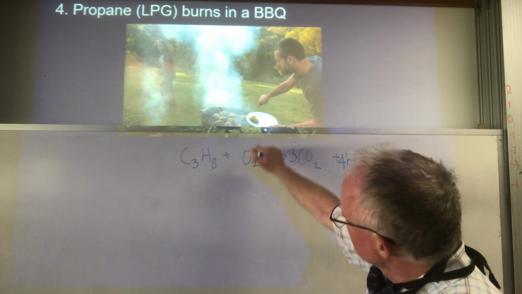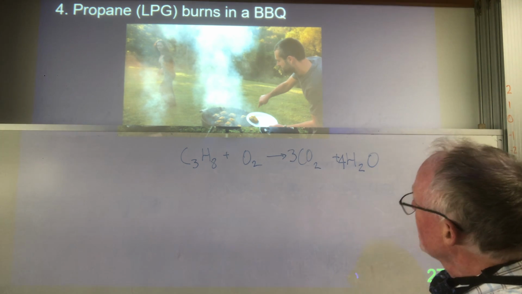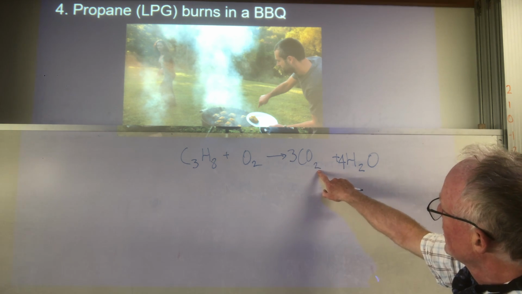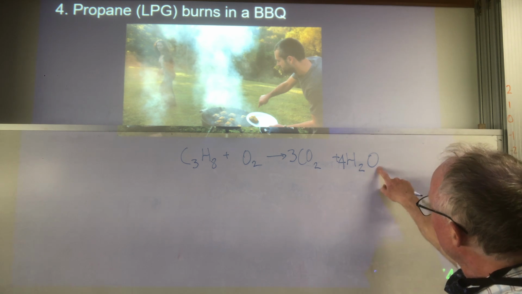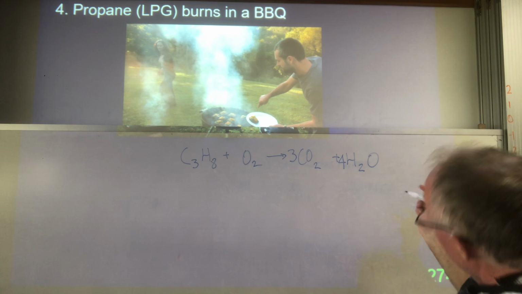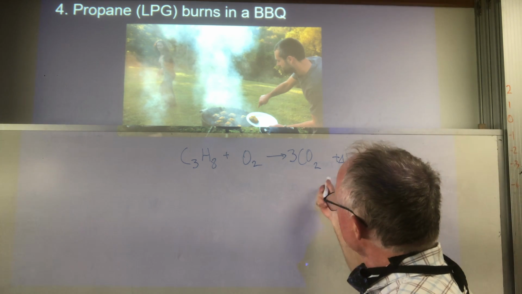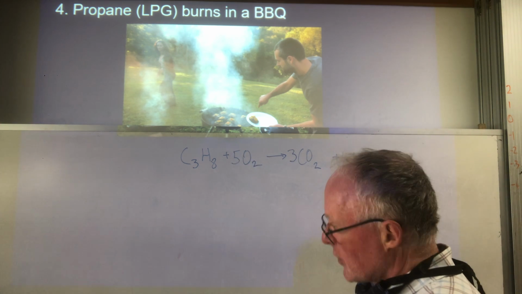Then we work backwards to work out the oxygens. So how many oxygen atoms have we got on the right-hand side? 3 times 2 equals 6, plus 4 times 1 equals 4, 4 plus 6 equals 10 of course, and 10 oxygen atoms means 5 oxygen molecules.